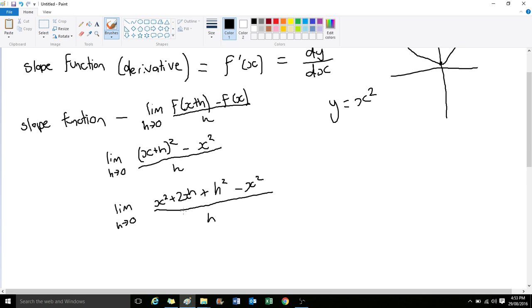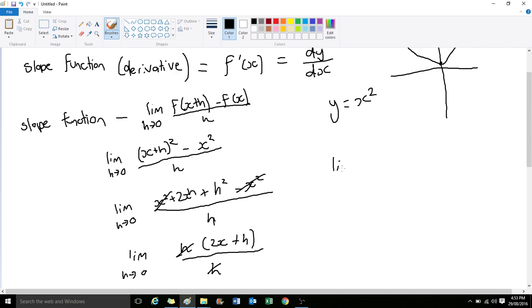We look to simplify. We can see here we've got x squared and minus x squared, they cancel, so we're left with the limit as h approaches 0 of 2xh plus h squared on h. Now we pull h out as a common factor from the top, so we've got h times 2x plus h. If we were to expand this, we would get what we've got above, and that's all over h. We've got h at the top and h at the bottom, so that can cancel.